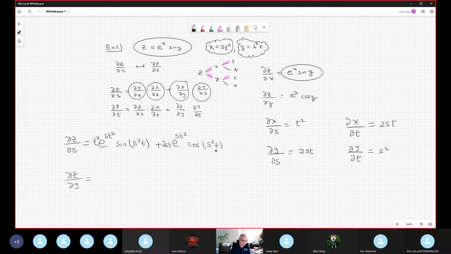The second, using the same technique, is 2st e to the s t squared sine of s squared t plus s squared e to the s t squared cosine of s squared t.